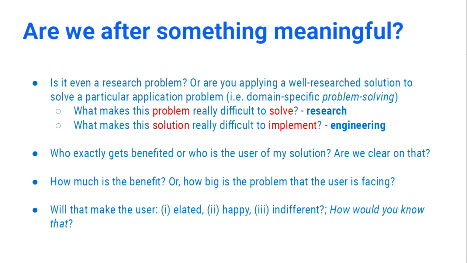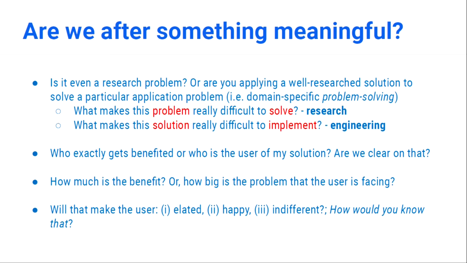One way to look at the difference between a research problem and an engineering problem is: what makes this problem really difficult to solve? If that is what you're after, you're after a research problem. If that is your goal, that you're trying to figure out what makes this problem really difficult to solve, right?